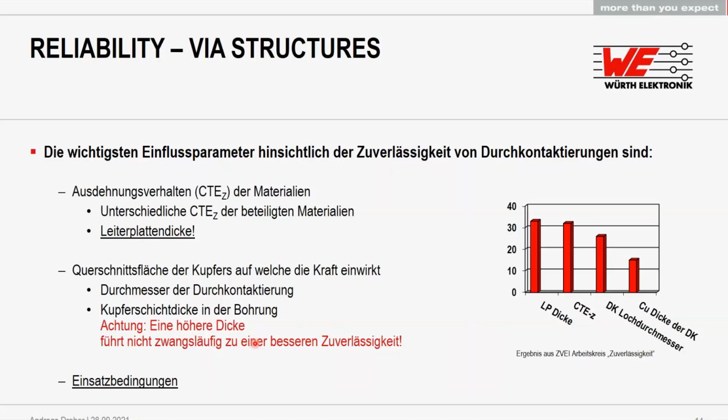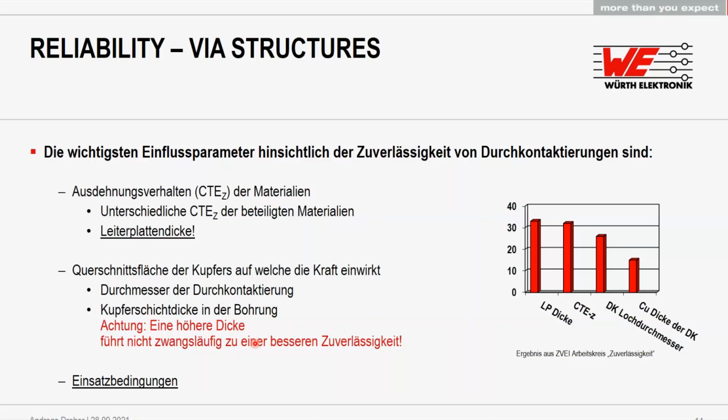The typical values which everybody in the industry is using, between 20 microns and maybe 35 microns, are definitely the optimum. If you are way thicker than these values, you can actually see a decrease in quality, because the forces applied to the board are moving into the board.